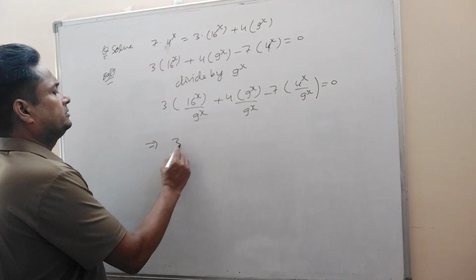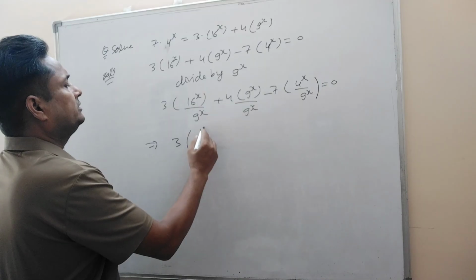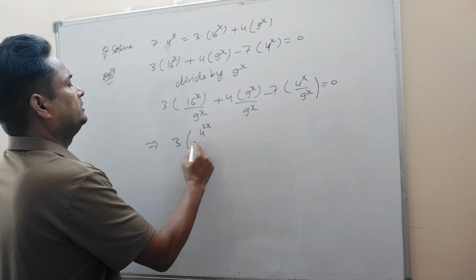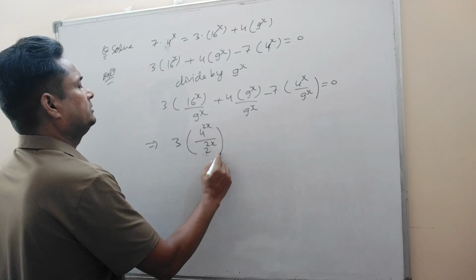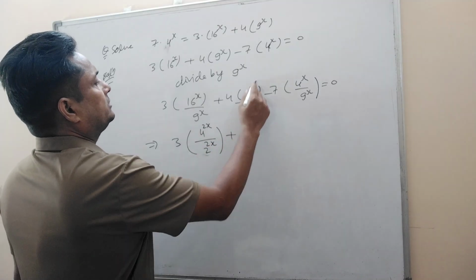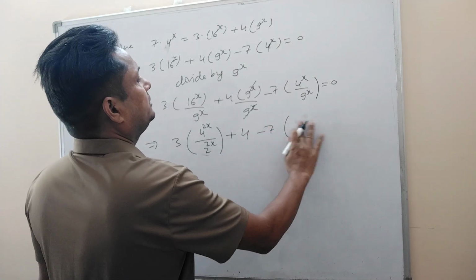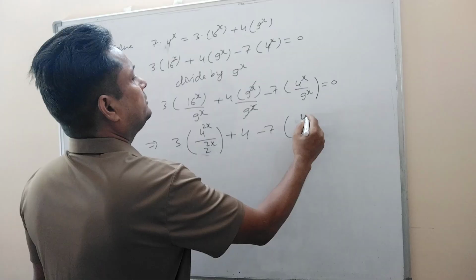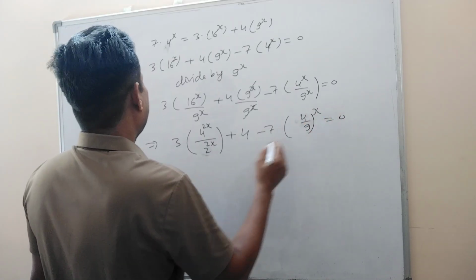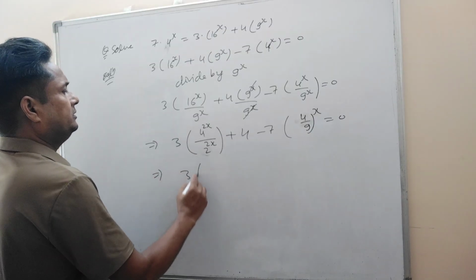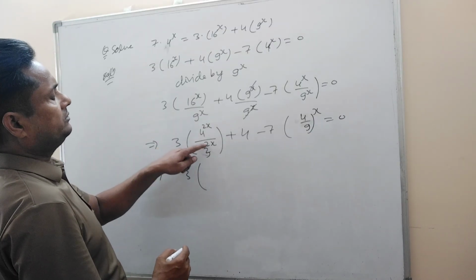This can be written as 3 into 4 to the power 2x divided by 3 to the power 2x, plus this is cancelled out, minus 7. This will be written as what? This will be written as 4 by 9 to the power x is equal to 0. So this is 3 times, this is 3 to the power 2x.